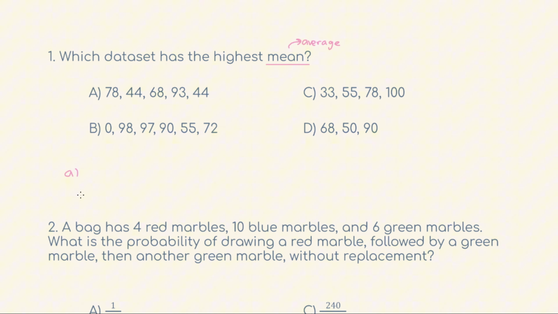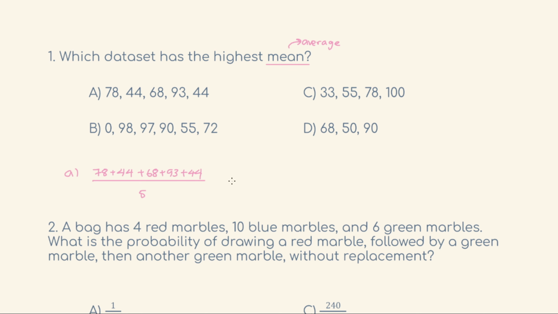Let's start in alphabetical order here. So we've got 78 plus 44 plus 68 plus 93 plus 44, right? We've just taken the 5 numbers in my list and added them up. And like I said before, we're going to divide by the number of things we're adding, the amount of data that we have, which in this case is just 5.